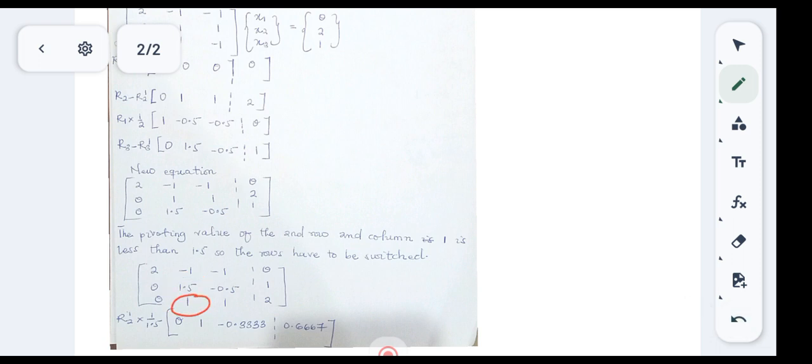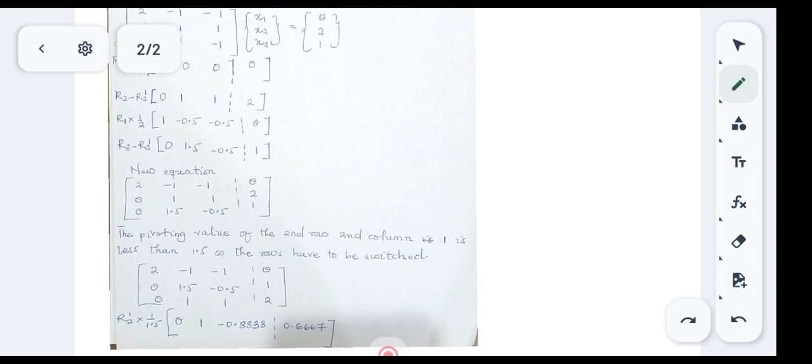That is 1. You compare 1.5 and 1. You find the absolute value of 1.5, and you are going to get 1.5. Then you find the absolute value of 1, and you are going to get 1, right? Then when you compare them, you realize that the absolute value of 1.5 is greater than that of 1.